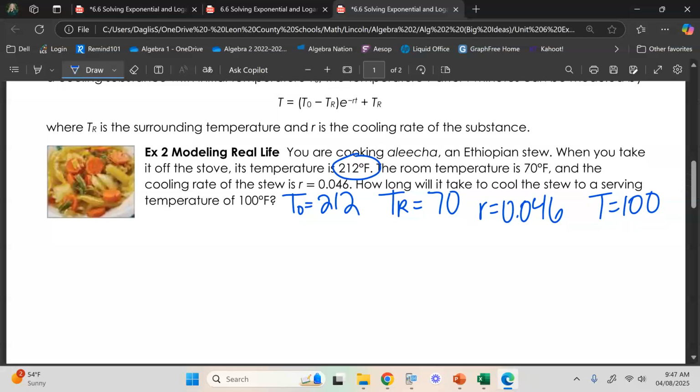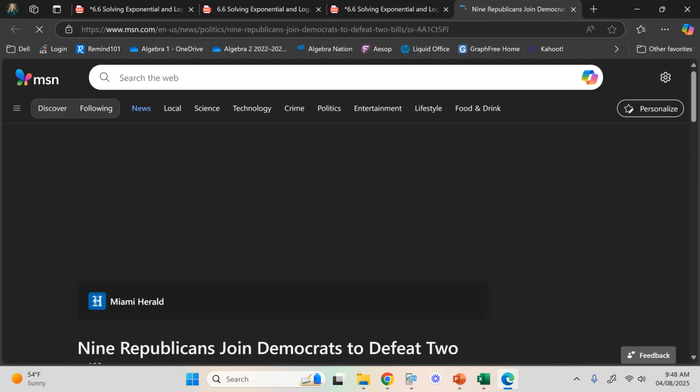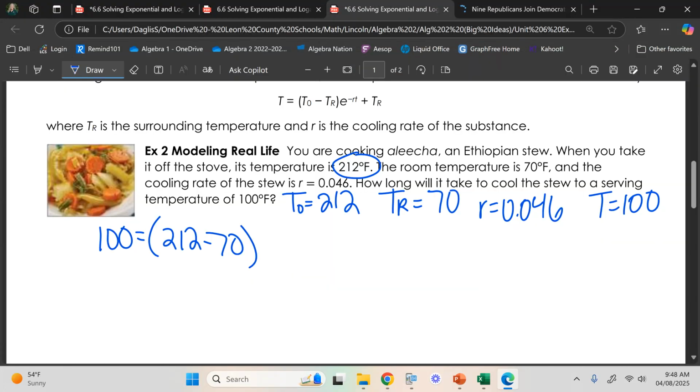All right. So let's put things where they belong in our equation. We're going to start off with 100 equals 212 minus 70, times e raised to negative r, so negative 0.046 little t, and then plus my room temperature again of 70.